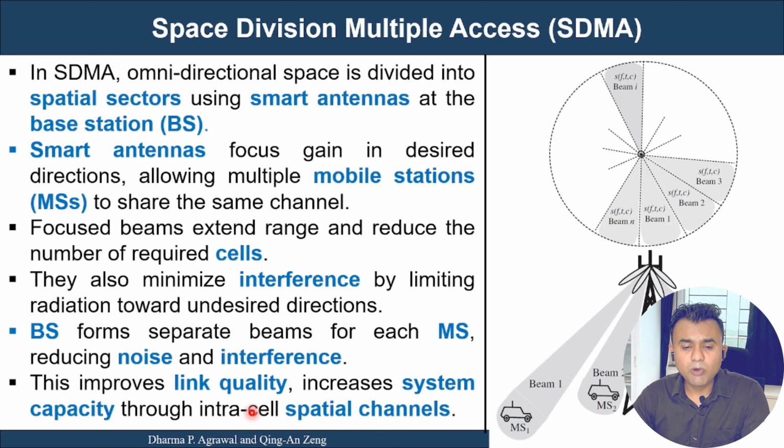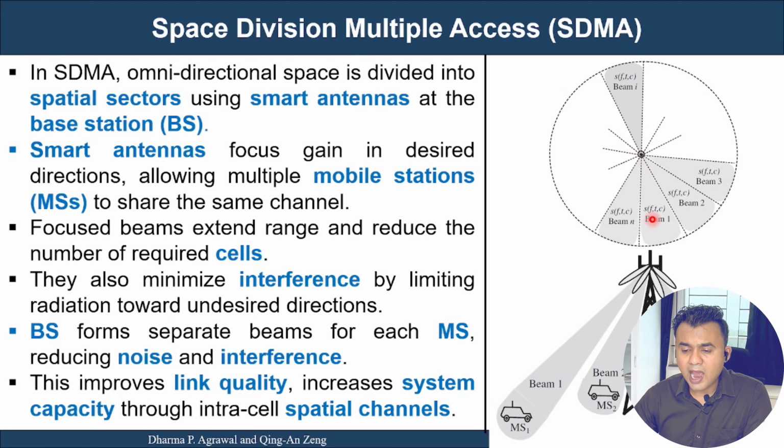Now we will start moving to a little bit of advanced techniques. In this section, we will cover space division multiple access. In SDMA, omnidirectional space is divided into spatial sectors using smart antennas at the base station. Let's say I have omnidirectional space.